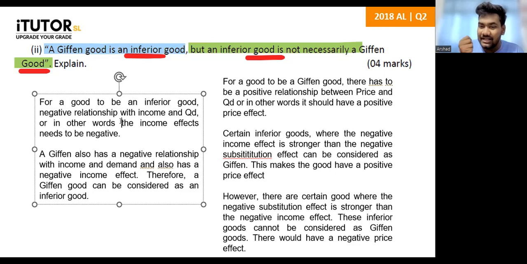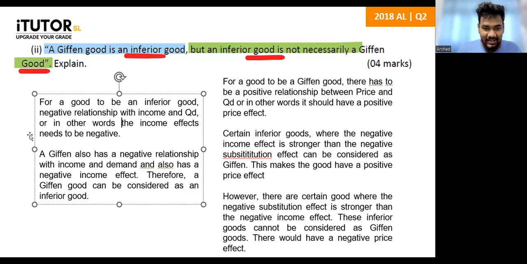For a good to become an inferior good, it has to have a negative relationship between income and demand. In other words, it has to have a negative income effect.